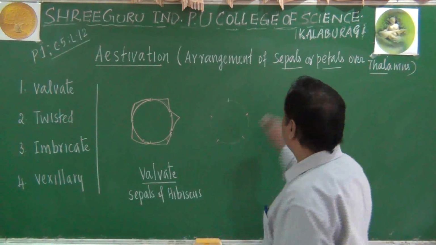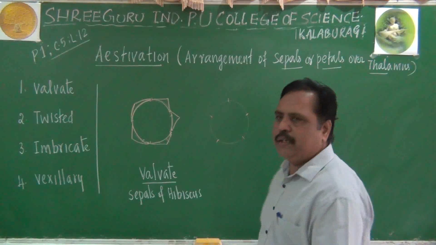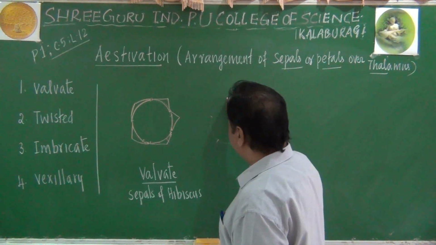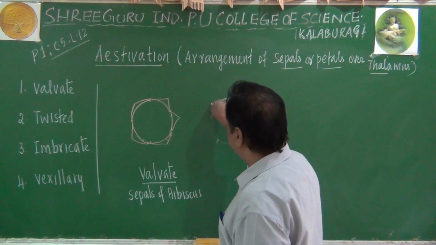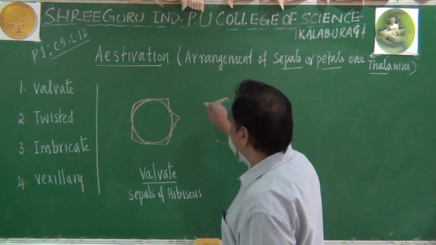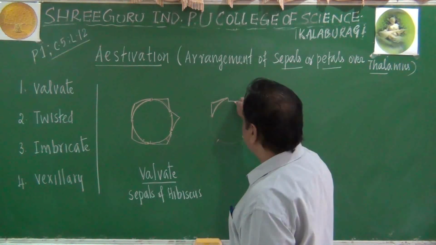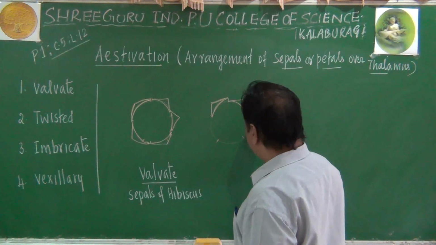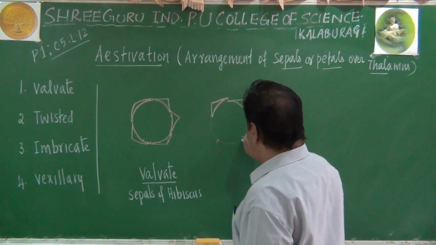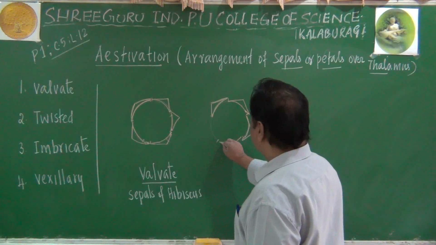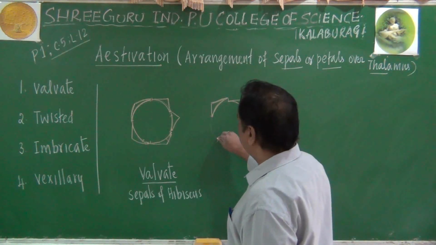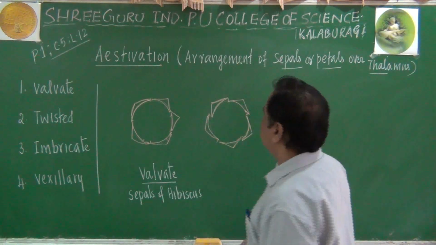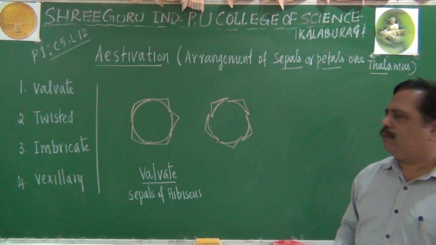I told you already, either sepals or petals can be arranged in this manner. Imagine one petal is like this, another petal is arranged like this, the third petal in this manner, the fourth like this, and the fifth in this manner. Do you get the diagram?